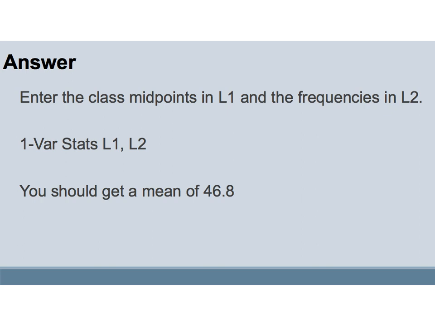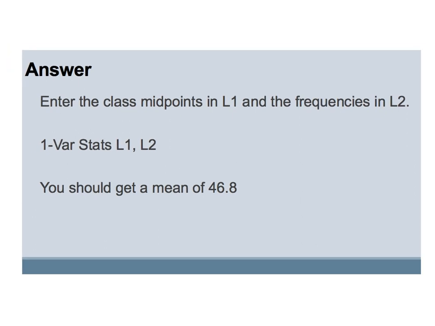So the average speed of cars on that road was 46.8. Well, obviously, this is a road that people like to speed on. The mean speed is almost 16.8 miles per hour more than the posted speed. So this looks like a good spot for a speed trap.